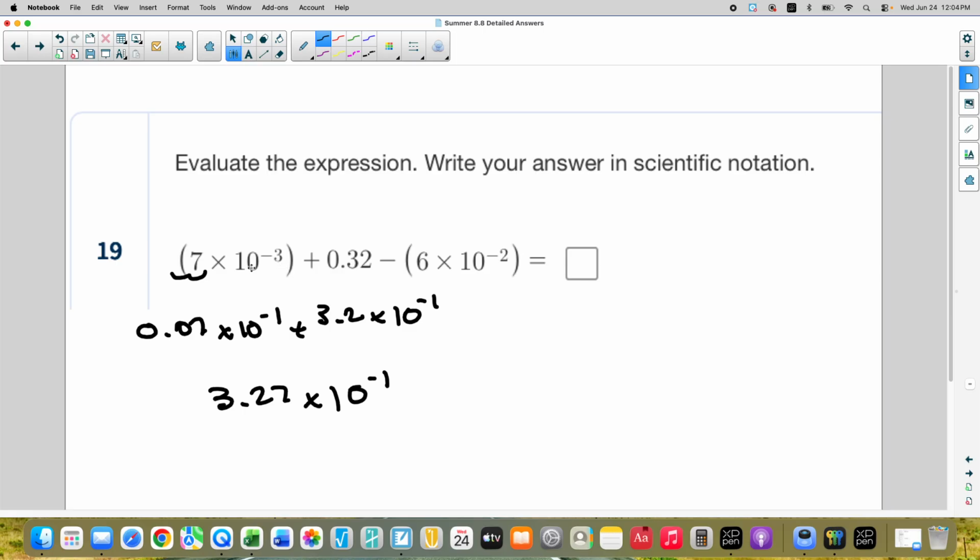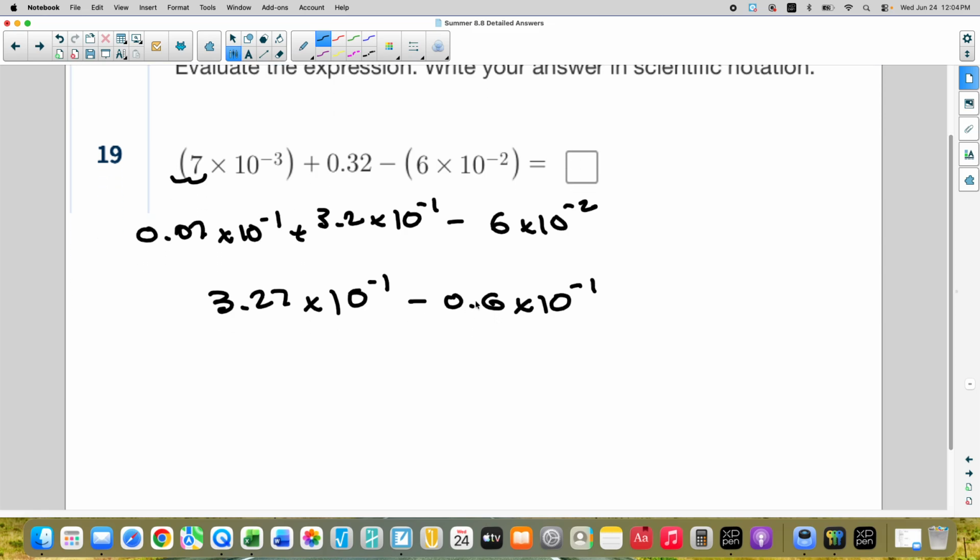That's -6 times 10 to the -2. So I'll make this 0.6 times 10 to the -1. And then we subtract those two.